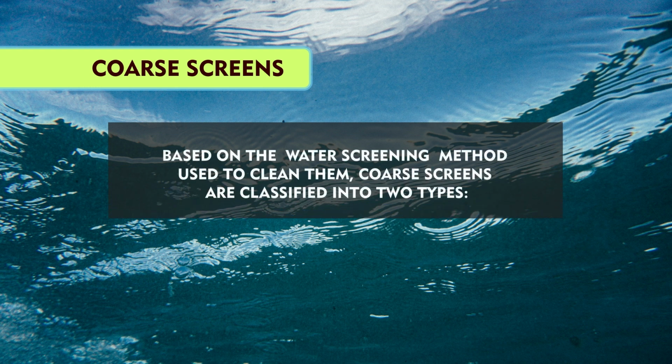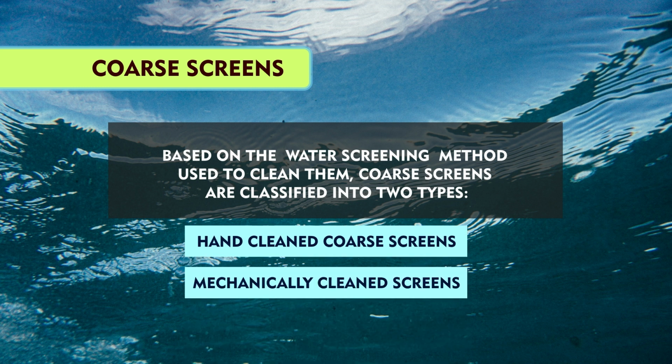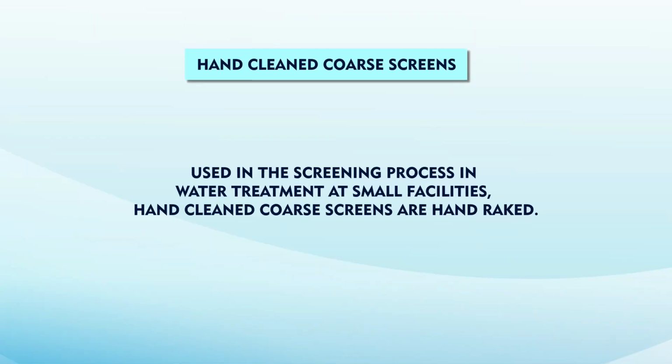Based on the method used to clean them, coarse screens are classified into two types: hand cleaned coarse screens and mechanically cleaned screens. Hand cleaned coarse screens are used in the screening process in water treatment at small facilities.